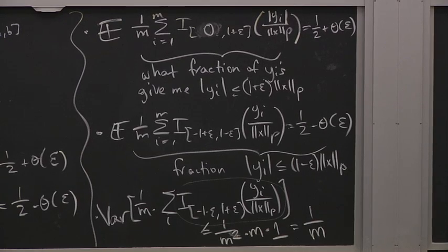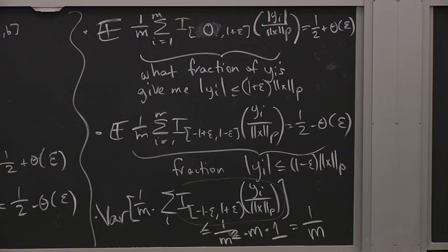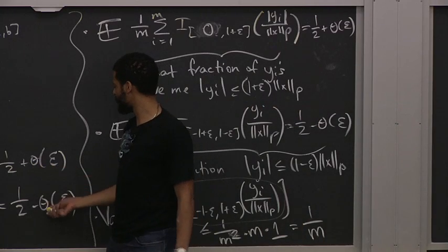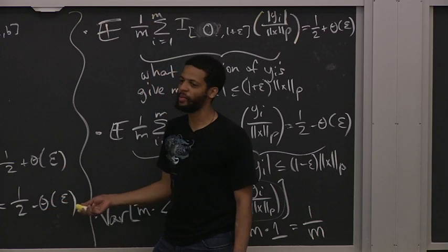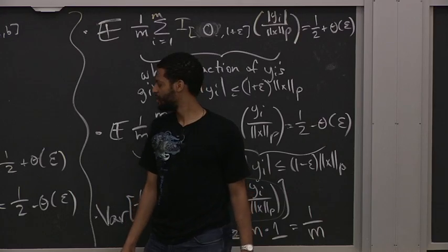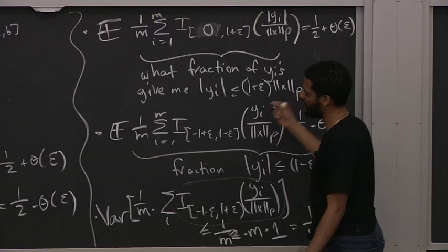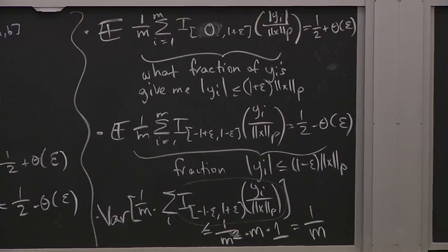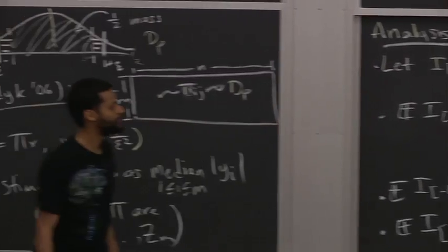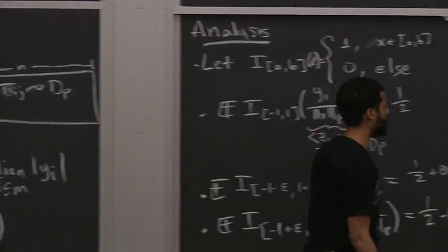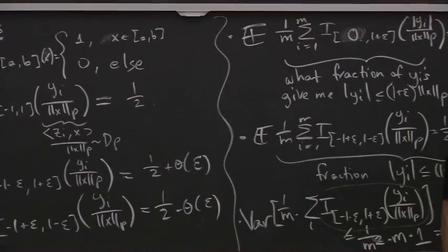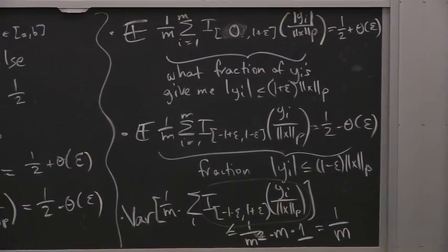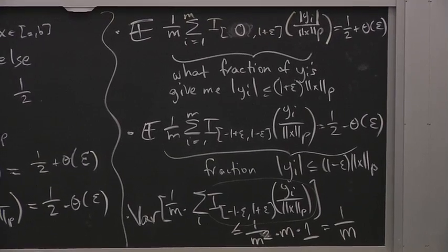If I understand correctly, the constants implicated in epsilon depend on p. They depend on p. That's right. So the constants hidden in this theta epsilon will come up when you try to actually apply Chebyshev, right? Because the expectation here is this half plus theta epsilon, and that constant is related to how small the PDF can get at the number 2, for example. For example, if p tends to 0, this theta of 1 over epsilon squared would really go to infinity.